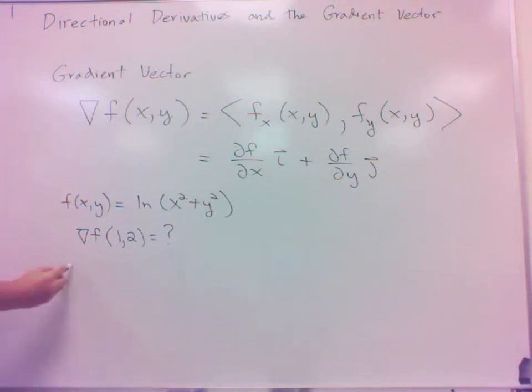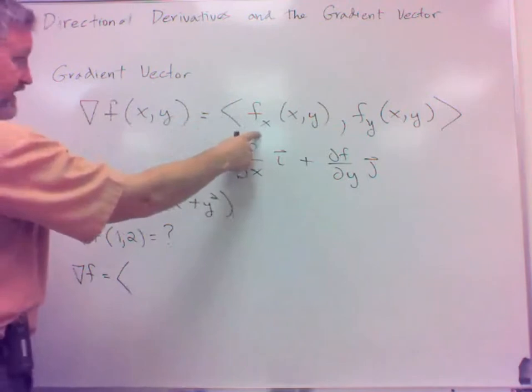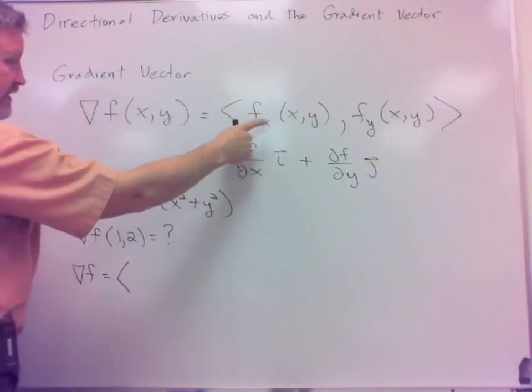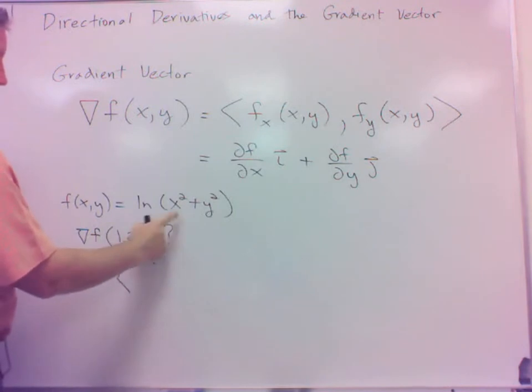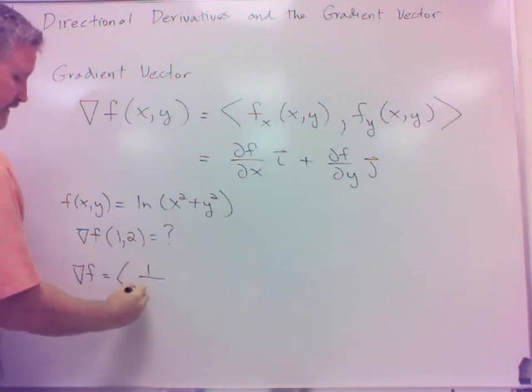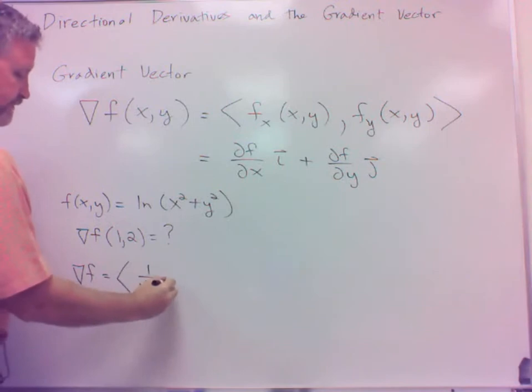Well, let's first of all just get it in general. The gradient vector here would be what? The first part of the vector is the partial derivative with respect to x. So that would be what? We've got ln, so it'd be 1 over x squared plus y squared.